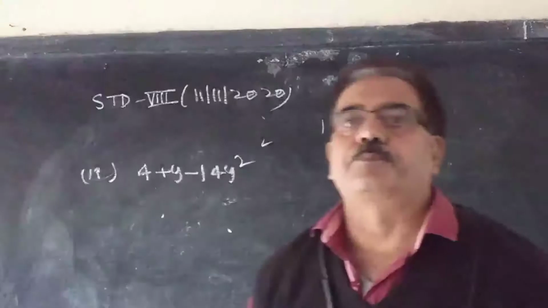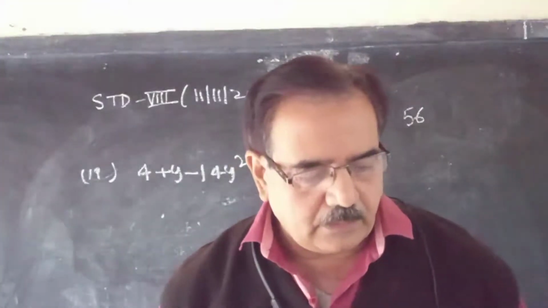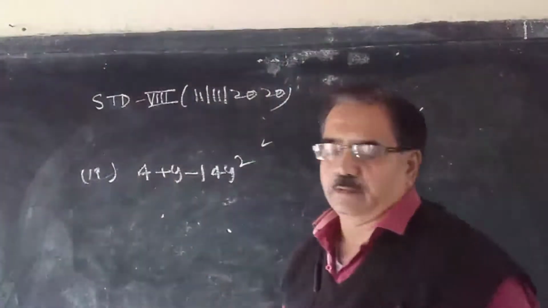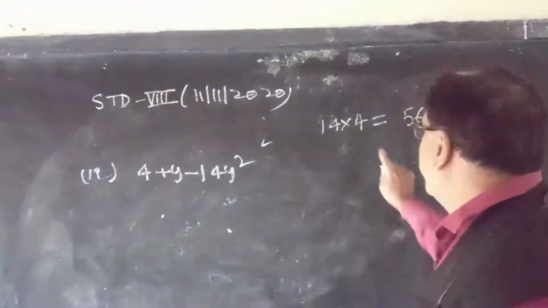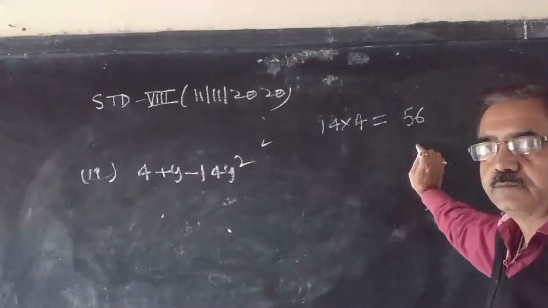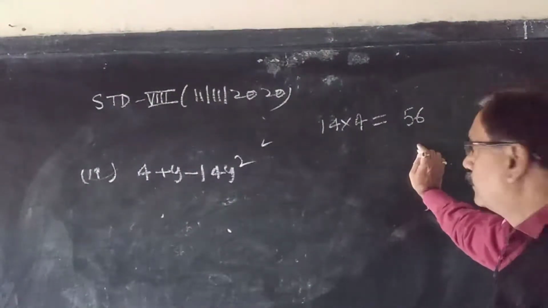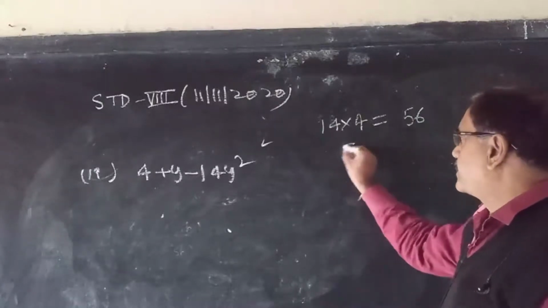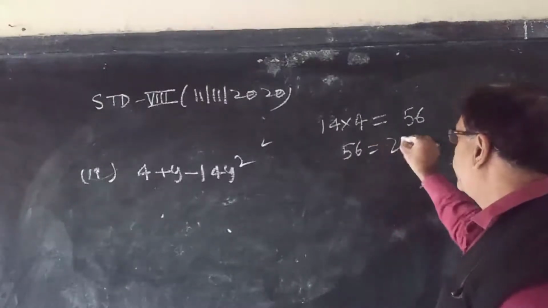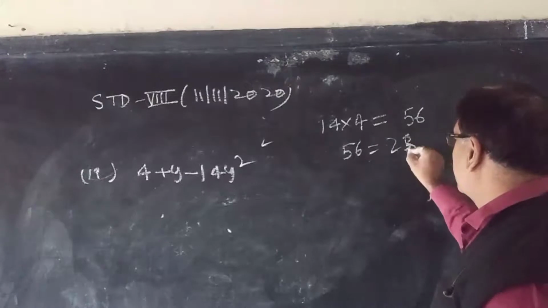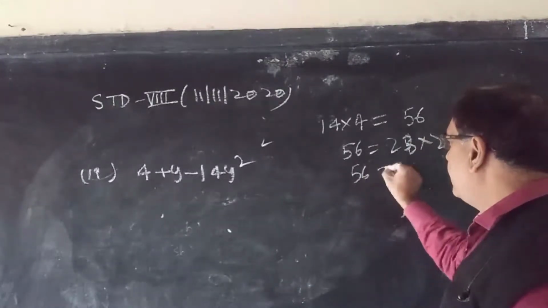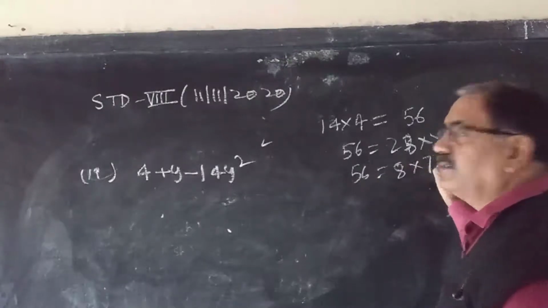Now 56 has several products, we want plus 1. Which one will you take? 56 can be 28 into 2, or 8 into 7.